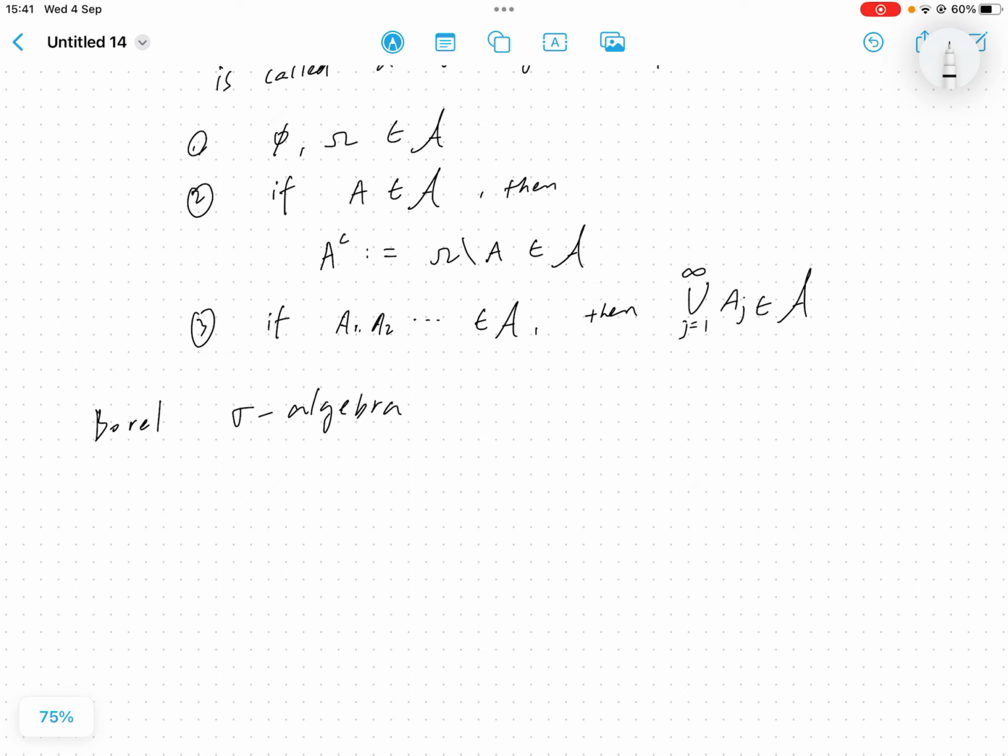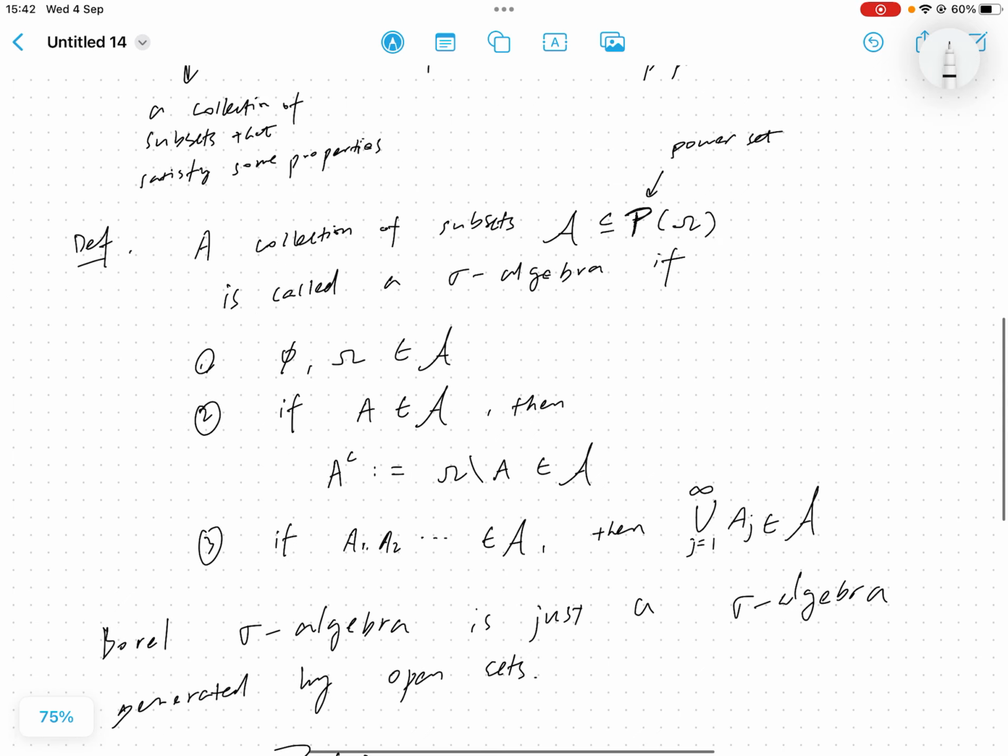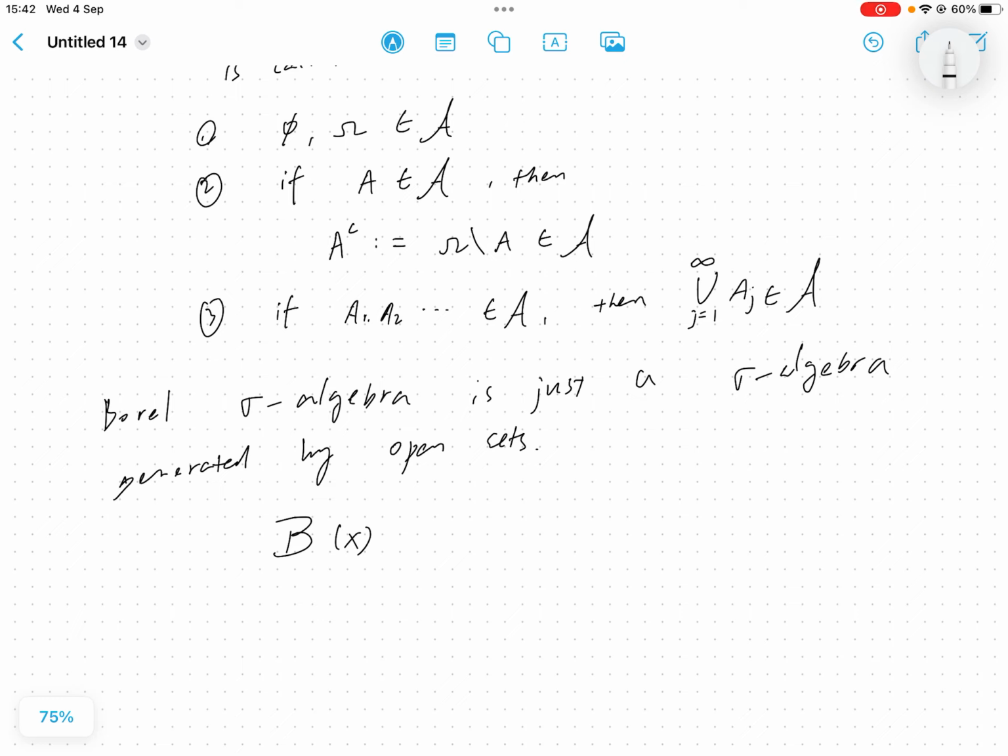This is just a sigma algebra which is generated by some open sets in the real numbers, and we often use this curly B to denote the Borel sigma algebra. So this should be sort of a B omega, right?